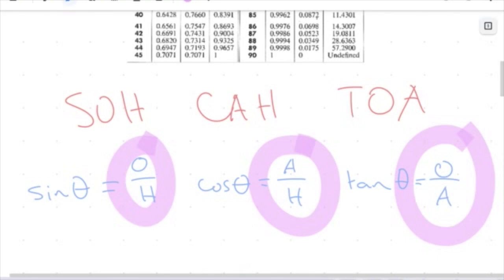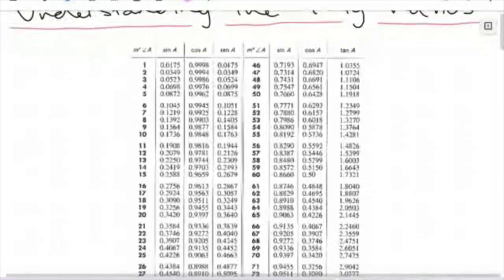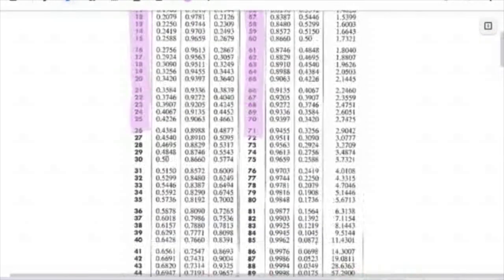Now, what I have here is a trig table which would have been used prior to calculators being invented and used across the board in schools. What these trig tables gave us were a column with the different angle values, so this goes all the way from an angle of 1 to an angle size of 90 down the bottom here.